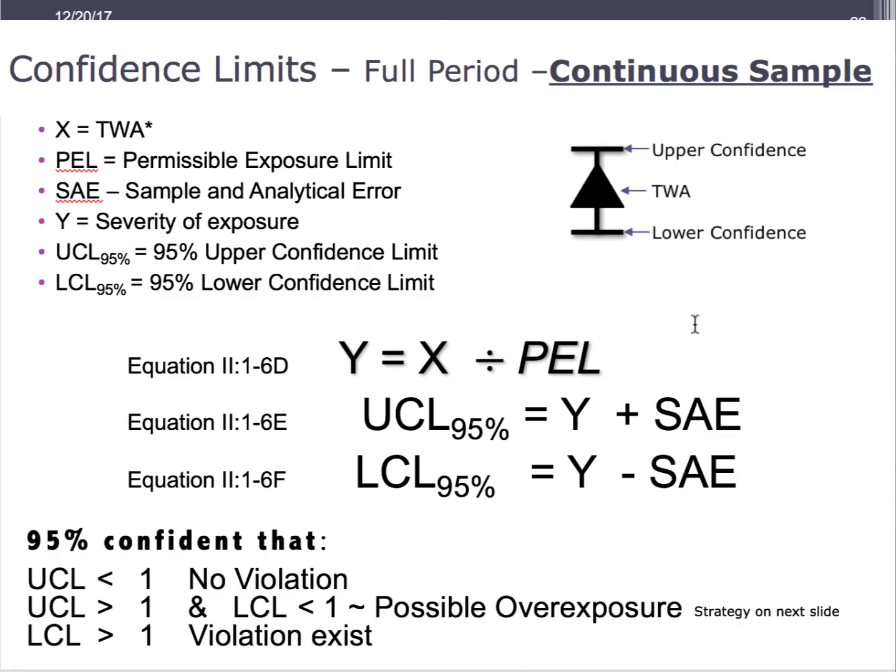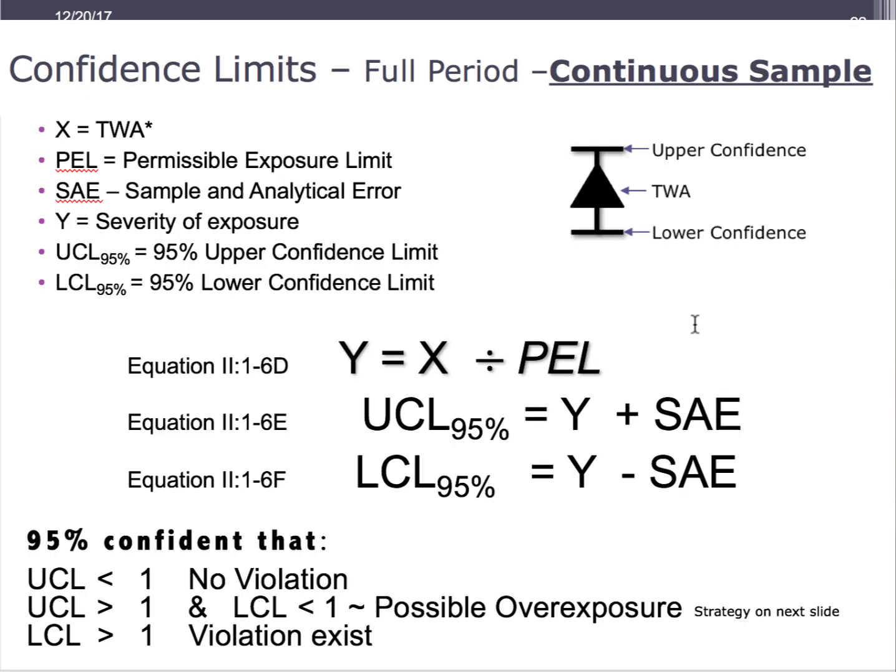So our confidence limits are fairly straightforward and easy to calculate, and these are used for full period continuous samples. So that's just one sample over an entire work shift. If we have multiple samples, we use a different calculation, one that's a little bit more complicated, but we'll start here.